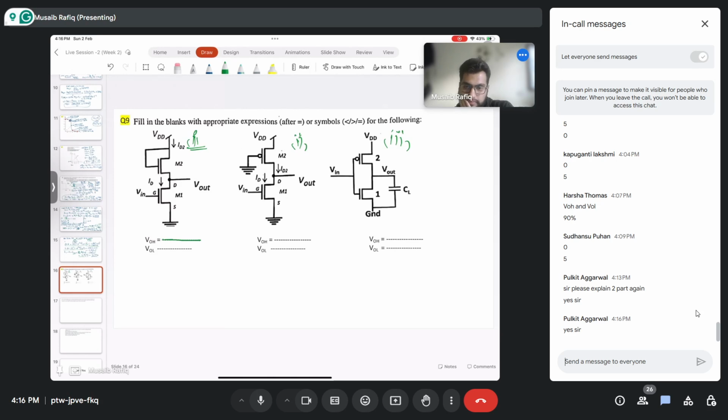So what will VOH be equal to here? Anyone? What will VOH be equal to?